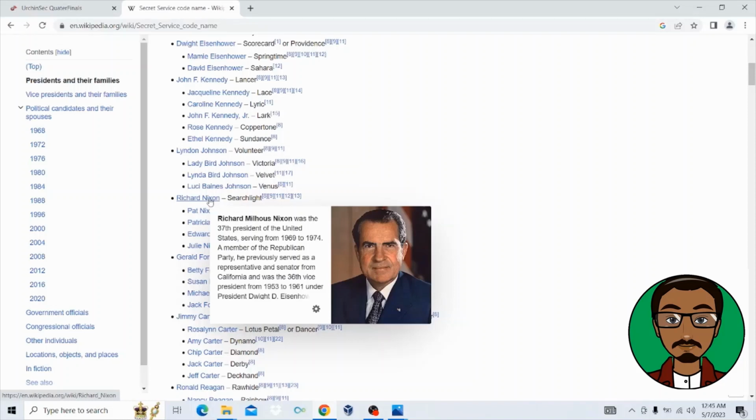So we can see from that statement that Mr. Richard Nixon was the 37th President of the United States of America, and he was serving between the years 1969 to 1974. So before a person becomes a president, obviously there's that period of election.